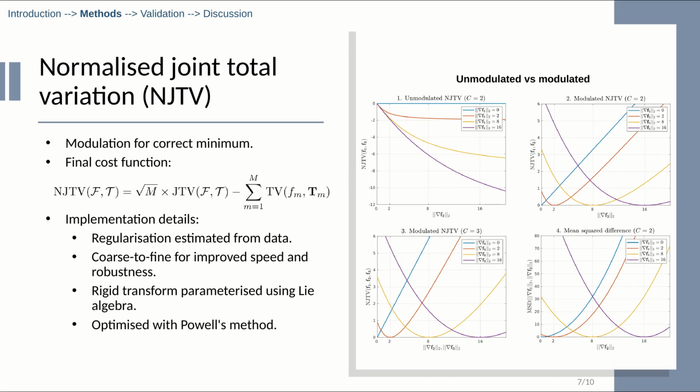We parameterize the rigid transformation using a Lie algebra, which allows us to remove a bias that could be induced in the mean space. And as a rigid registration is an optimization problem that does not have a lot of parameters, we simply use Powell's method to optimize the cost function. And this is a derivative-free method that works well on small numbers of parameters.